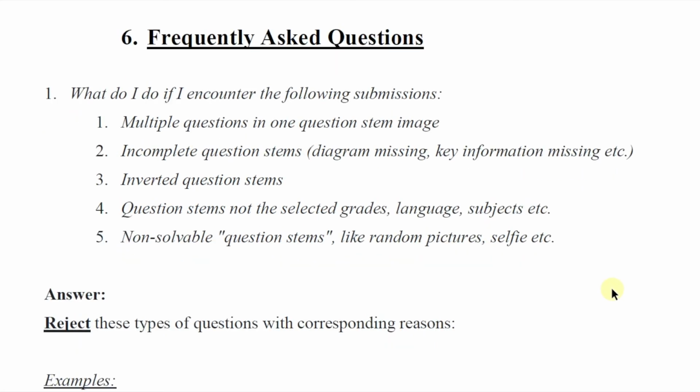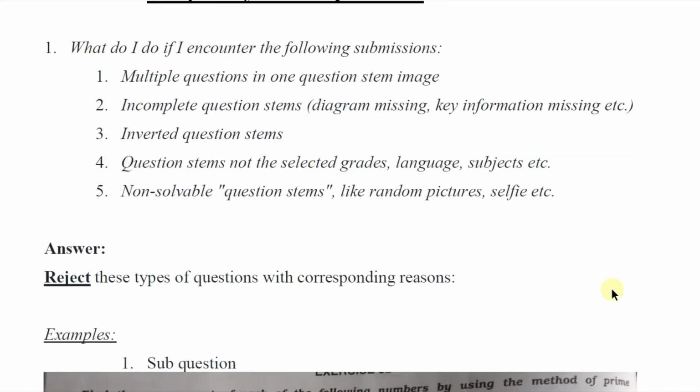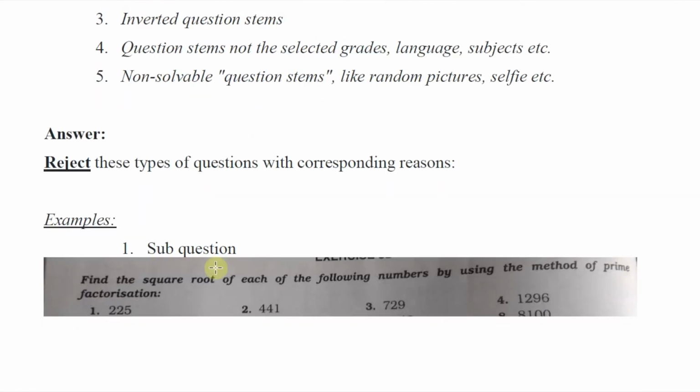So we generally recommend our producers not to attempt such types of questions. You can also follow here. You have to reject these types of questions with the corresponding reason. For example, if any question has many subparts, so if there is more than one question in any one question stem, then logically we have to skip those questions.